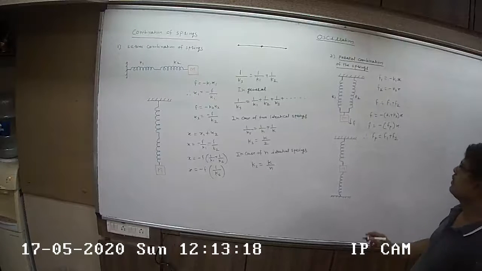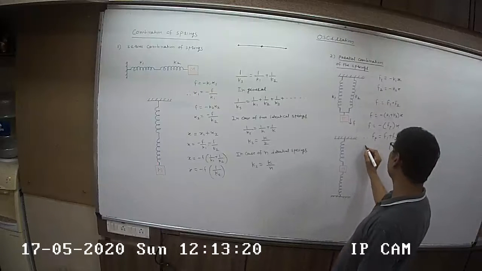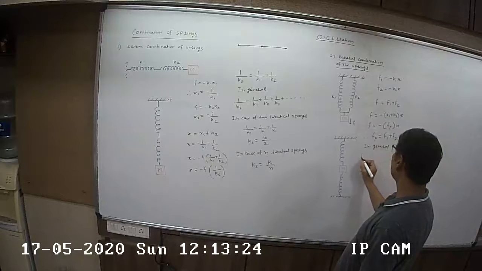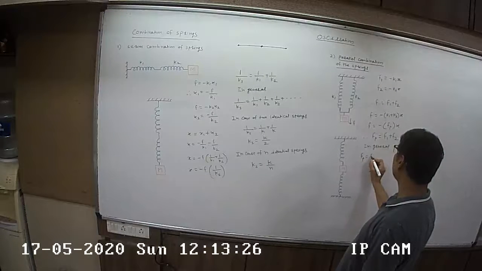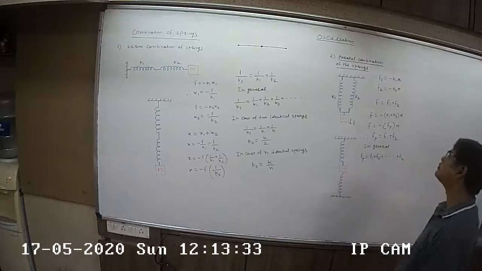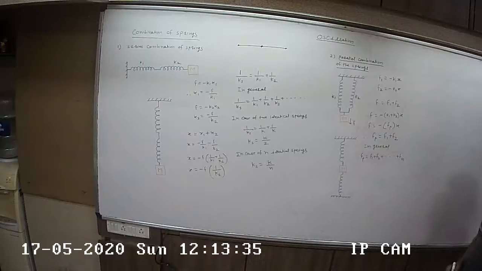For n springs in general, Kp will be equal to K1 plus K2 up to Kn. You agree with me? Is that clear to you?